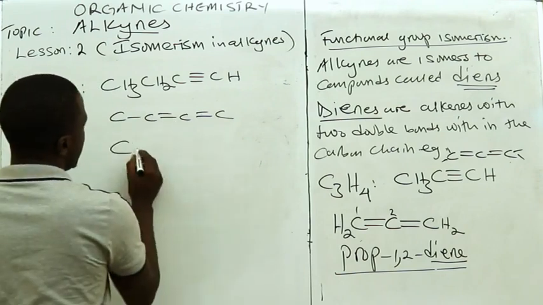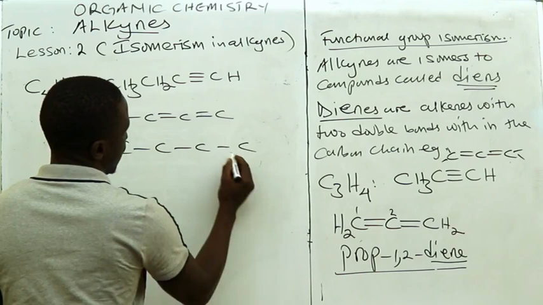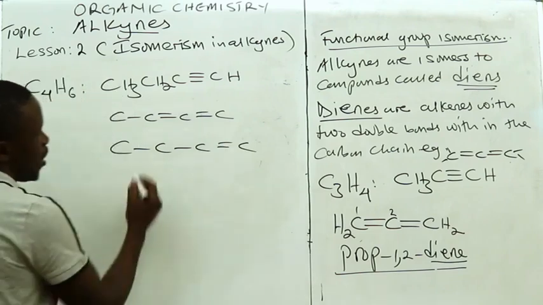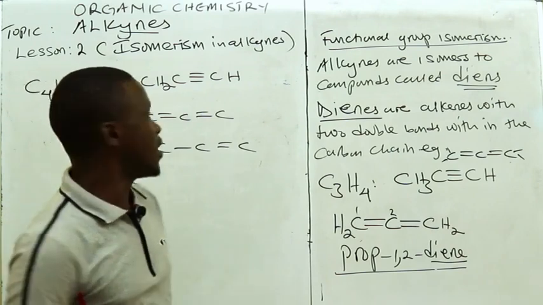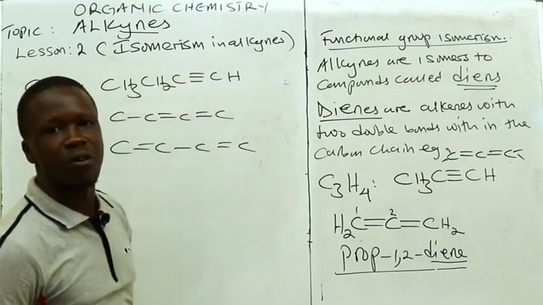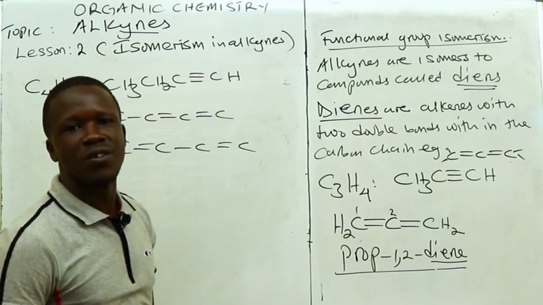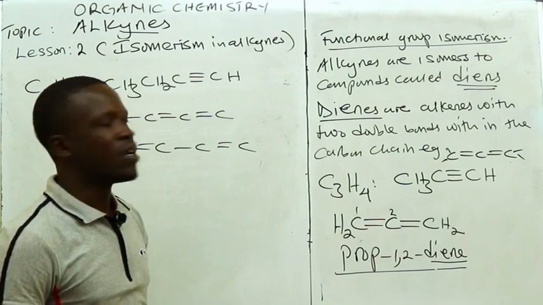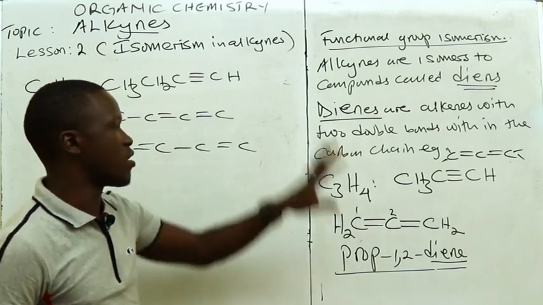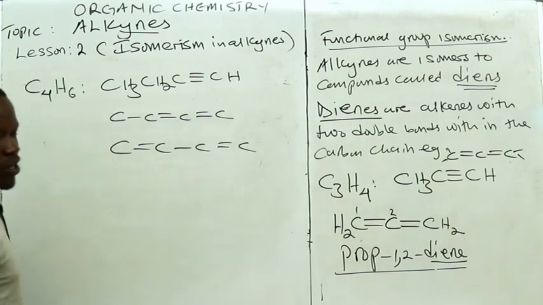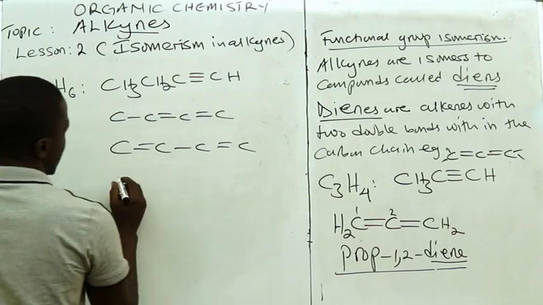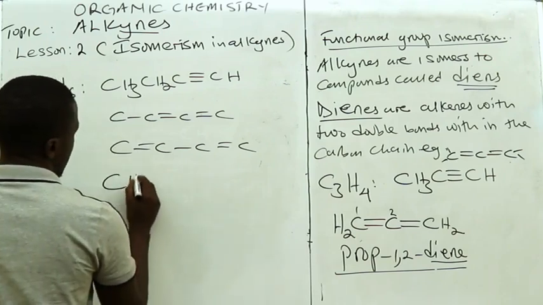There's also a possibility that I can have a double bond there, and another one there. Meaning that there are 2 dienes that can come from this. And those are all isomers that are sharing different functional groups, but sharing the same molecular formula as this compound here.